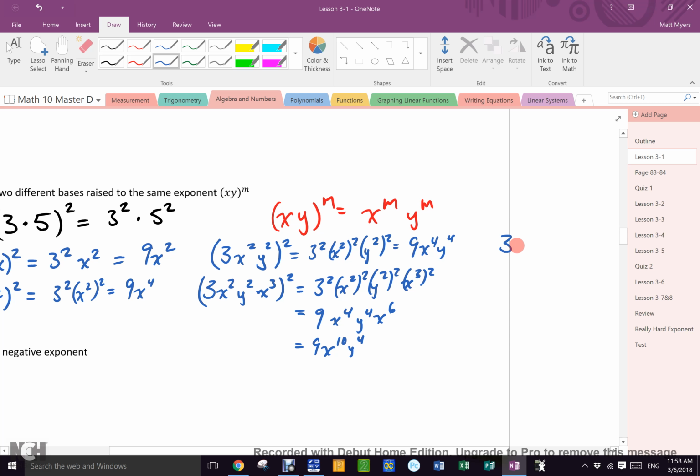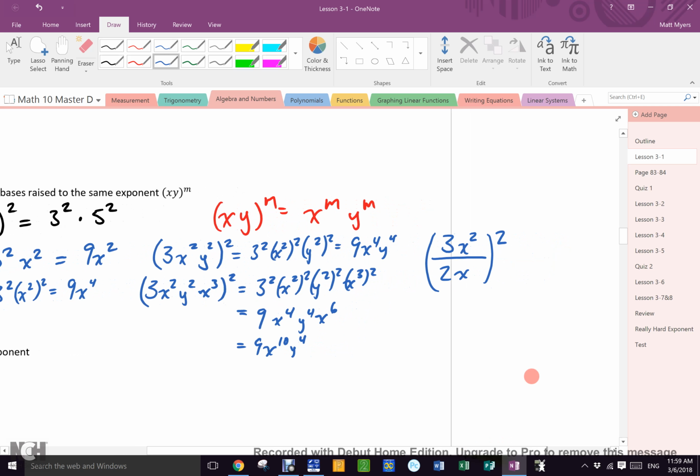3x squared over 2x, all squared. That puts in every law you've used or know so far except the 0 law.